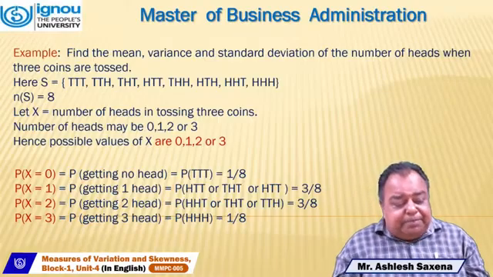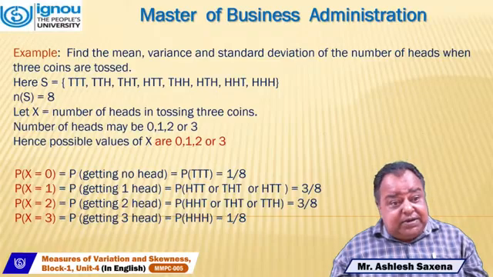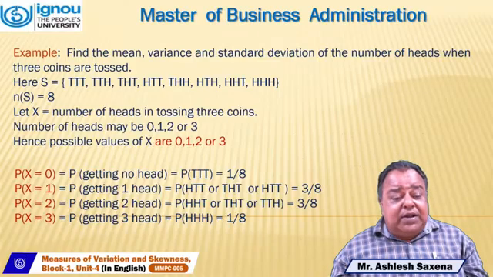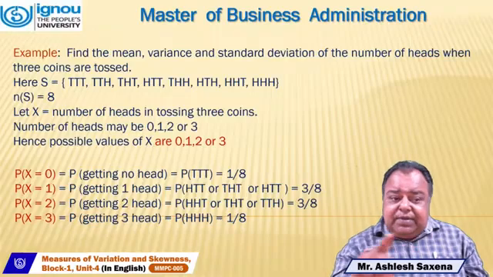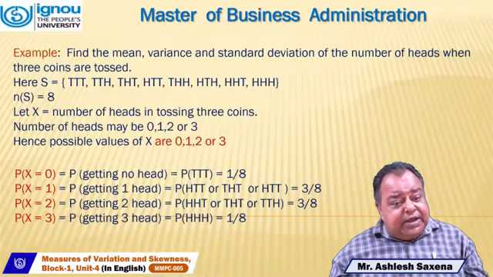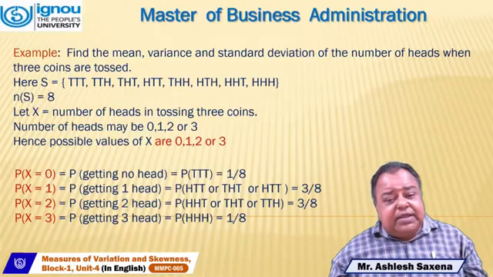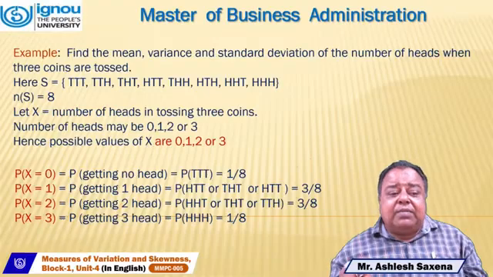We will see how to find the mean, variance, and standard deviation of the number of heads when 3 coins are tossed. The sample space, all the possible outcomes, is given: TTT, TTH, THT, HTT, THH, HTH, HHT, HHH. These are the 8 outcomes, so n(S) is equal to 8.